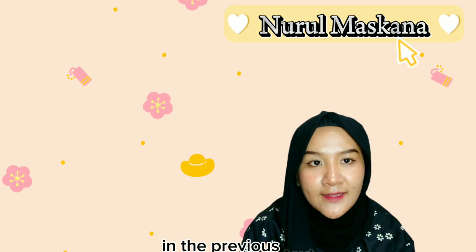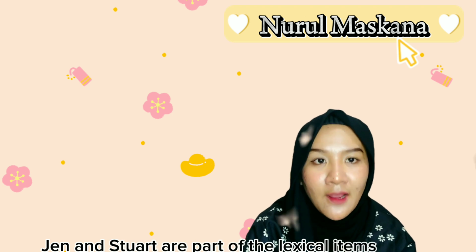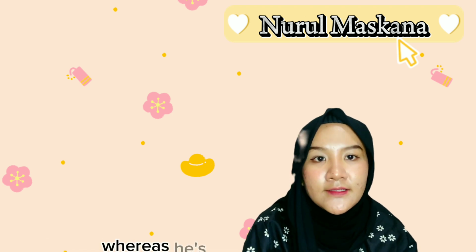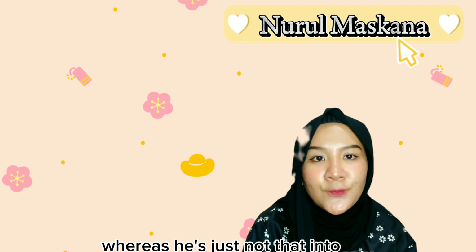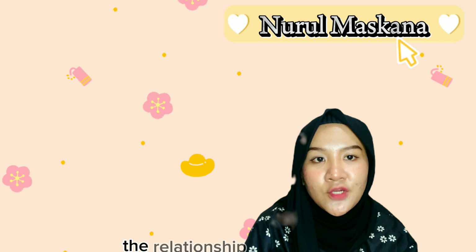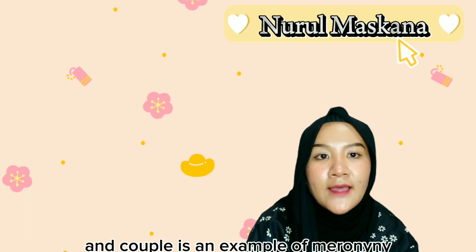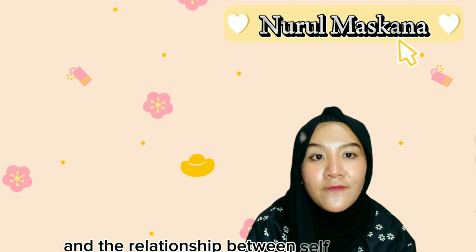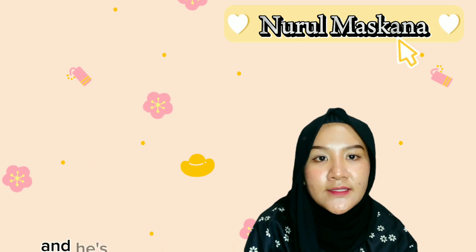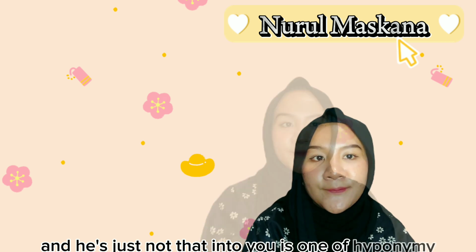In the previous text, Jan and Stuart are part of the lexical item couple, whereas He's Just Not That Into You is a kind of self-help book. The relationship between Jan and couple is an example of meronymy, and the relationship between self-help book and He's Just Not That Into You is one of hyponymy.